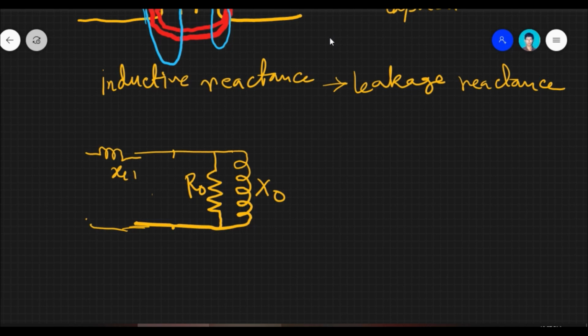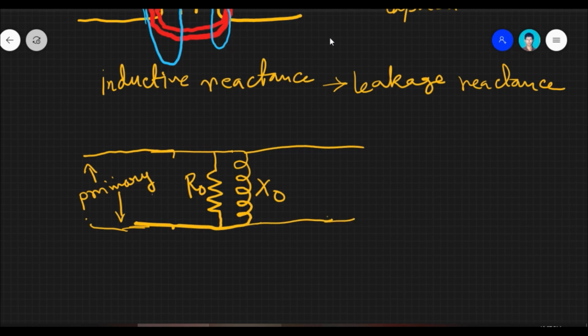So if that is the case, as long as we don't have leakage reactance, what is our transformer equivalent model? Here it is our primary terminal. We have primary, and here this side is our secondary terminal. Now, when there is leakage, how leakage will affect us?